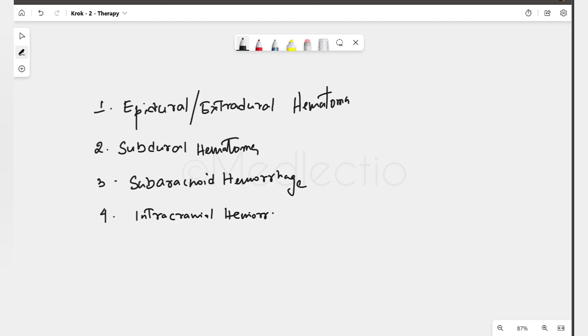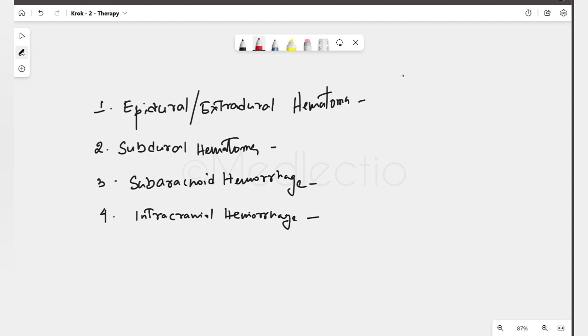So we have these four classifications. Now we'll talk about these four briefly. They can give you options like this, which can make you confused, so we need to differentiate among them.